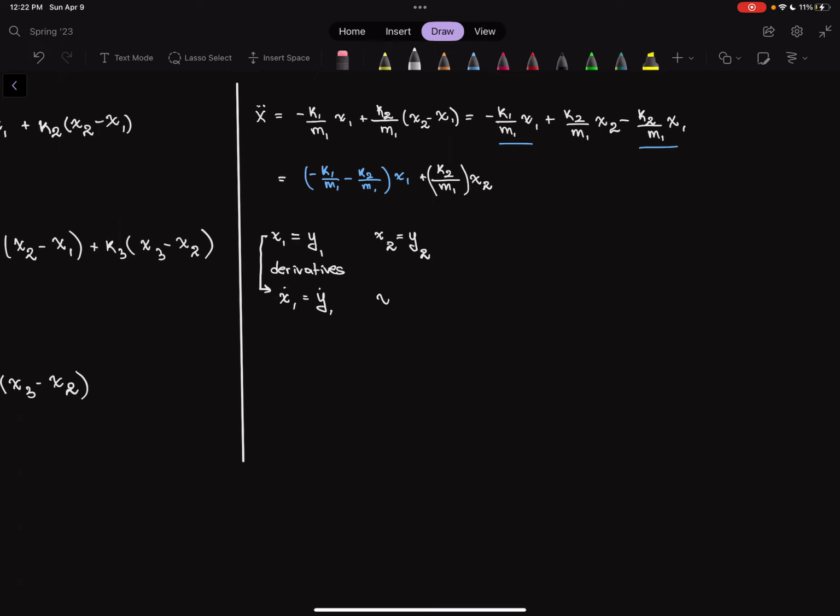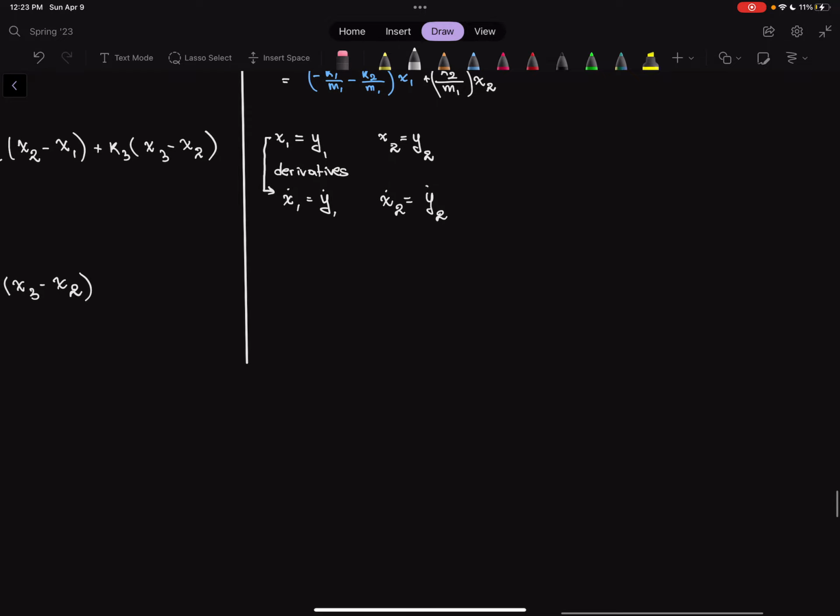So the derivative of x2 is equal to y2. I take the derivative of this again, and I see that the double derivative is going to be equal to y double prime of 1.